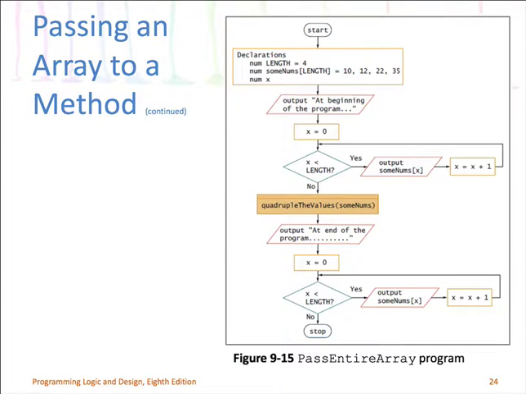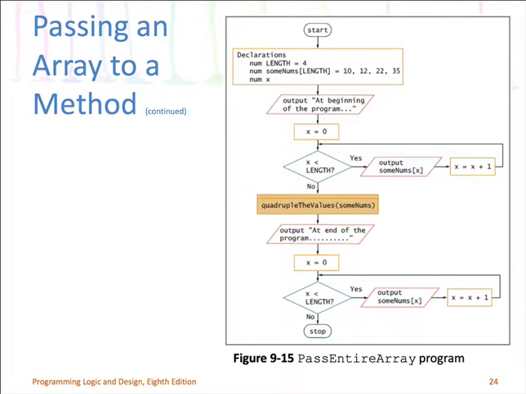So here we have an array, and they're just saying they want to quadruple the values, and then they just pass the array in. And then you go through and process the array. It says quadruple the values, but output some number of x.